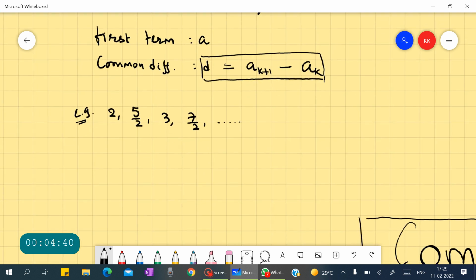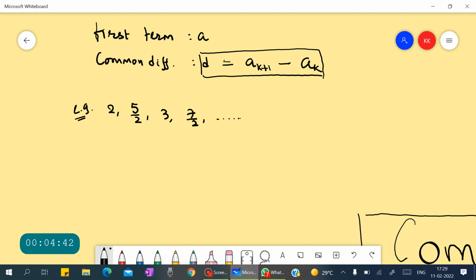Now is this an AP or not? If I want to determine this, how can I? Very simple. This is the formula you should use. From the second term, I deduct the first one. So 5 ones are 5, minus 2 twos are 4, upon 2 ones are 2. So it's 1 by 2.